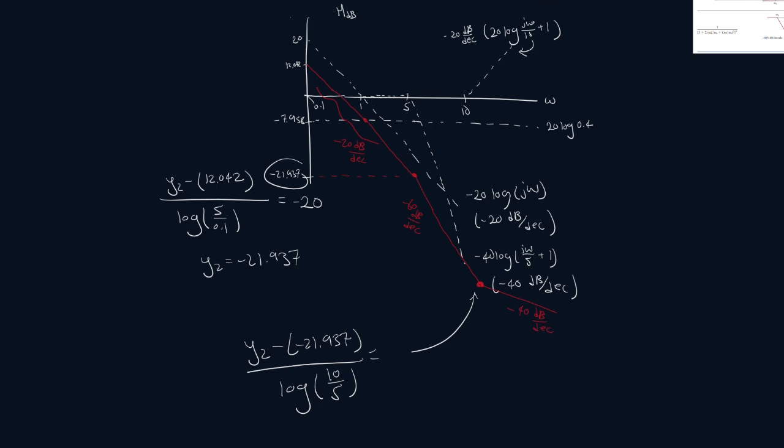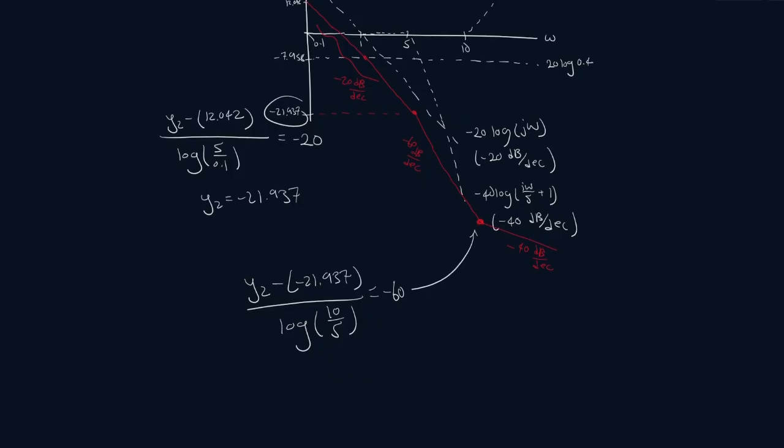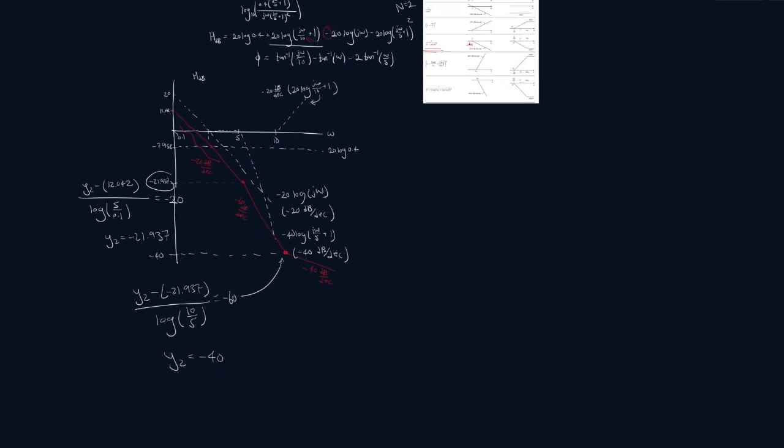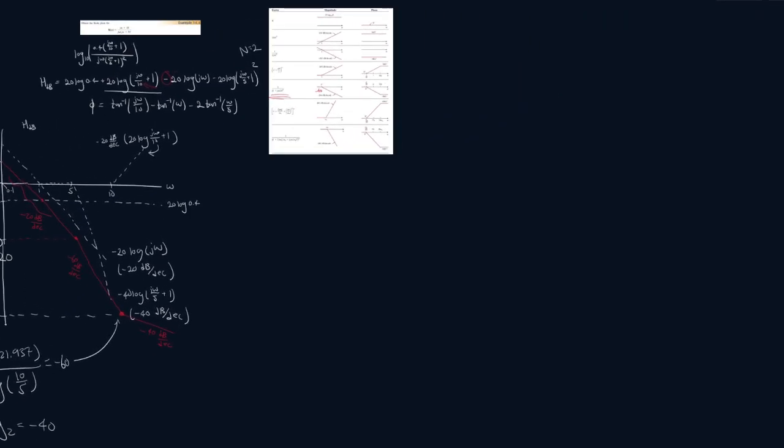And this is equal to minus 60. So y2 will be, give me a sec. y2 is going to be minus 40. So if we extend this all the way down, this is just minus 40. Okay, so that's our Bode plot. It's pretty messy, but meh, whatever.